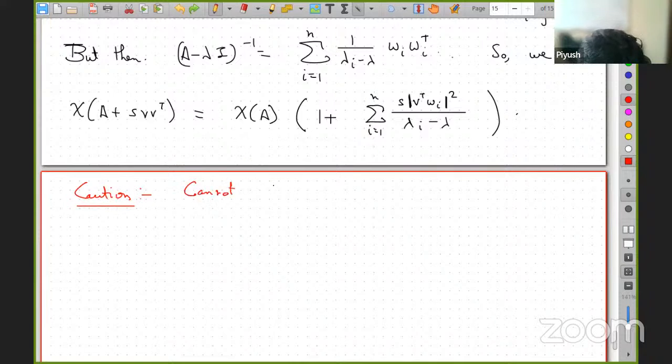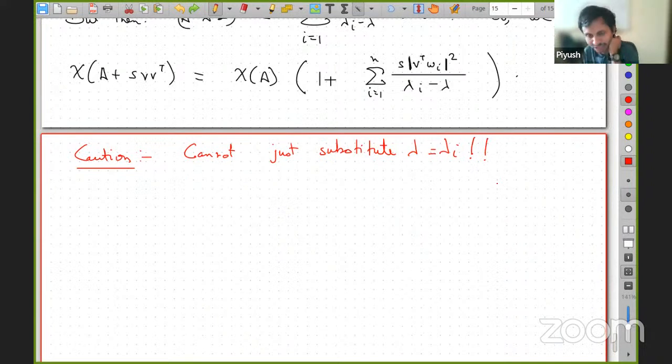cannot just substitute lambda equal to lambda_a. But let's consider at least one case, when the lambdas are distinct.